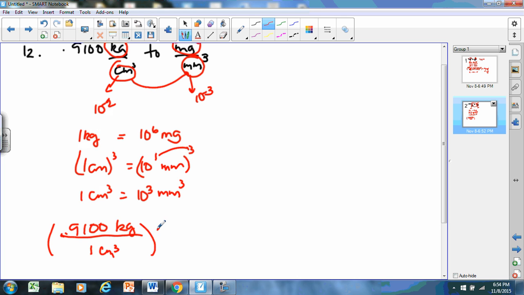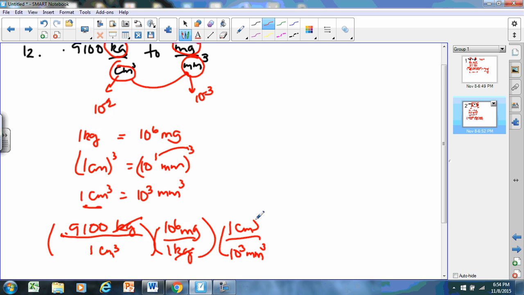Kilograms is on the top, so this 1 kilogram goes down to cancel. 10 to the 6th milligrams goes up. And then 1 cubic centimeter is on the bottom, so the 1 cubic centimeter goes on the top. And then 10 to the third cubic millimeters. Sorry, I'm not so good at writing on my little tablet stylus that goes with my computer.